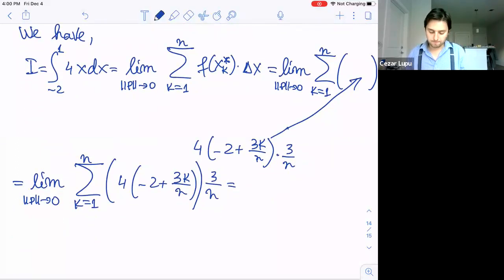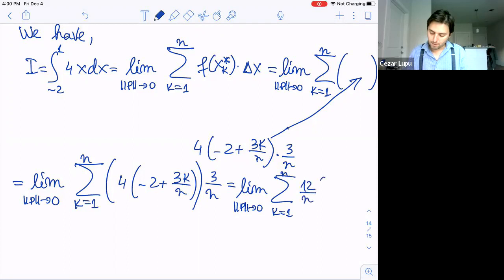So this would be the limit as the norm of P approaches 0 of the sum from k equals 1 to n, right? So this would be 12 over n times the quantity -2 plus 3k over n.